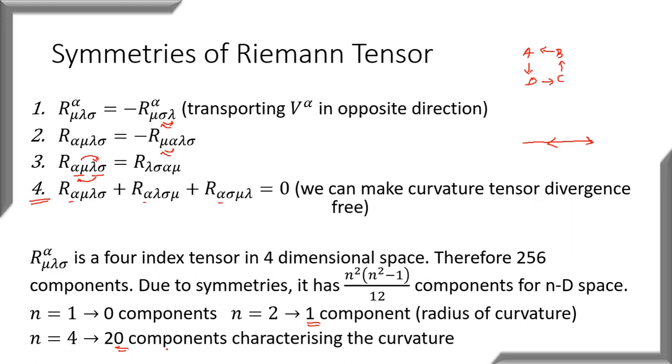This quantity 20 is very intriguing because 20 is exactly the same number of leftover constraints which will not cancel out when we try to have a space-time with a flat representation. When we try to give our normal space-time a flat representation, we have 20 constraints which will not cancel. So here the Riemann tensor also tells us there are 20 components characterizing its curvature.